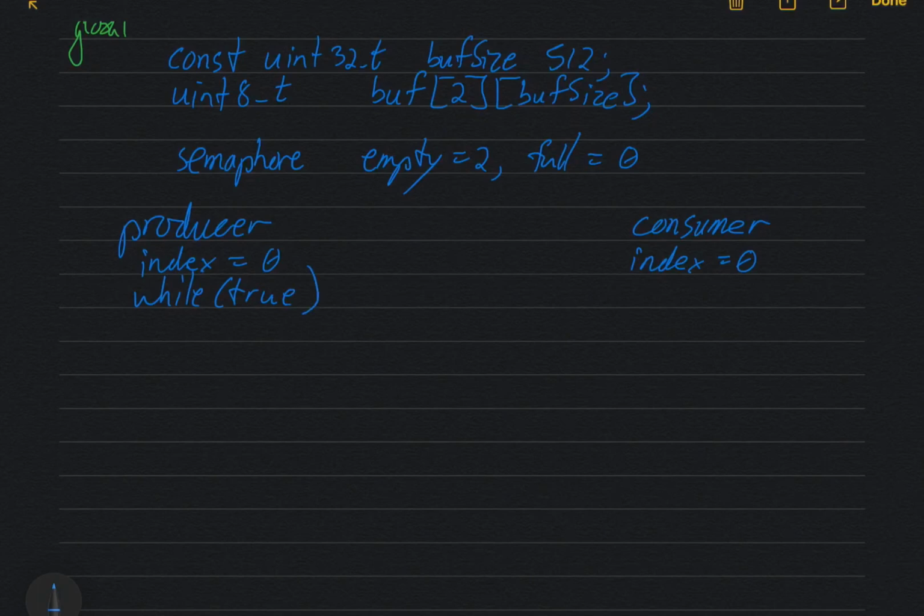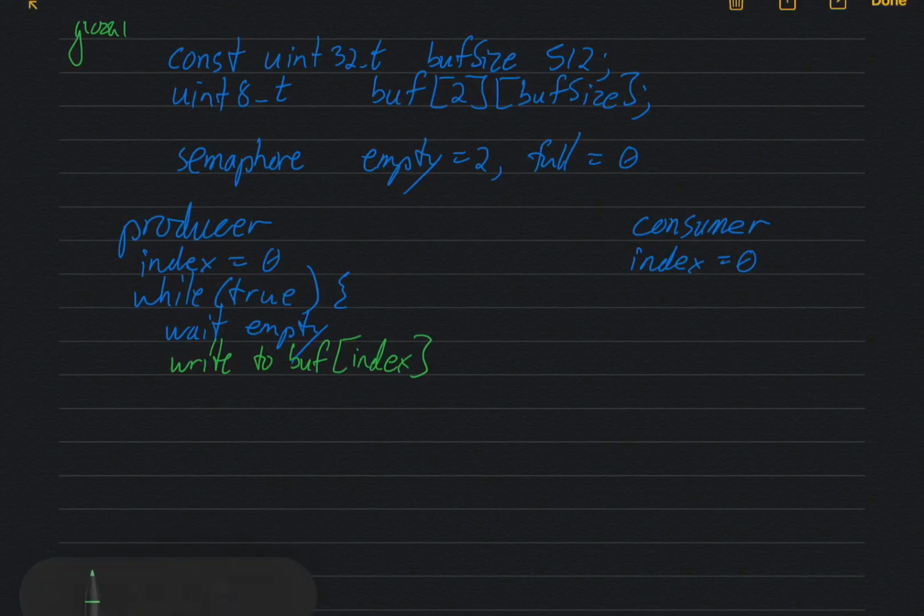And the producer has an infinite loop, and it needs to wait on empty. And so there are two empty buffers, so we'll be able to do this twice before the consumer needs to have emptied any buffers for it to continue. So it will write to the buffer at our index value, in this case 0, and then it will signal full.